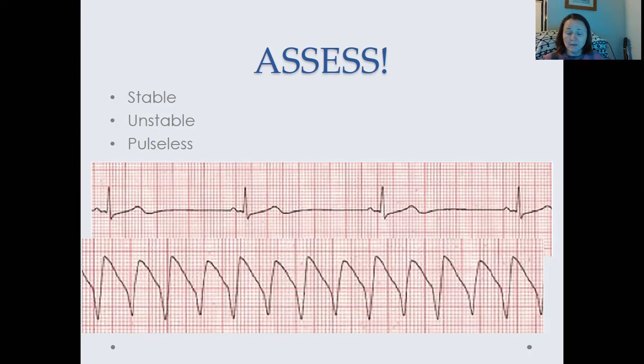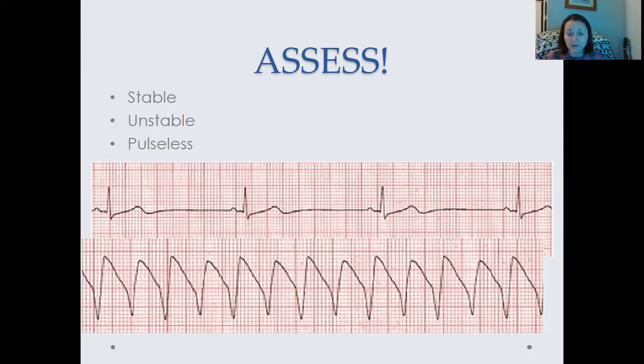But most times what you'll find is that they are unstable or pulseless. So unstable patients will have the same rhythm, but their vital signs are not stable. We have signs of poor perfusion: low blood pressure, they're diaphoretic, short of breath, chest pain, and level of consciousness is a big one.